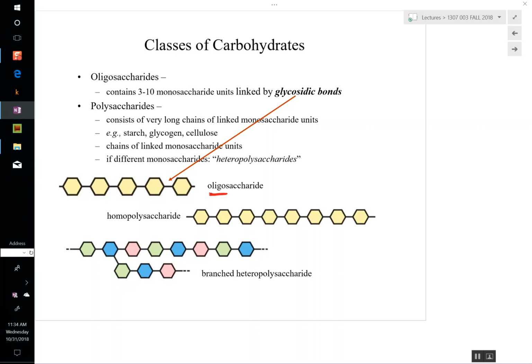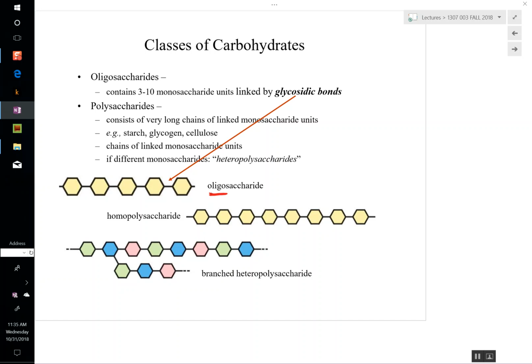It might be 3 to 11 or 3 to 12, but it's not many. It's not so many that you start talking about poly. This will even show up in some papers about the sensitivity some people might have to oligosaccharides versus mono or poly.